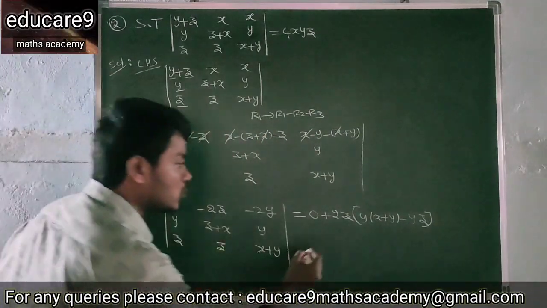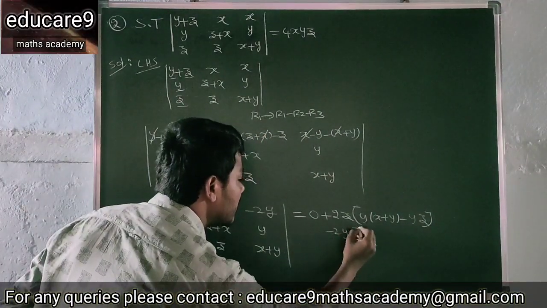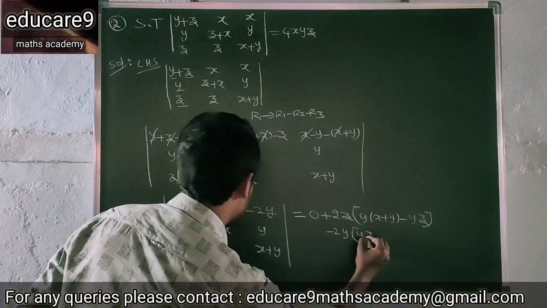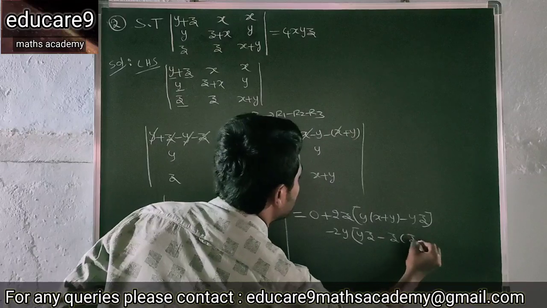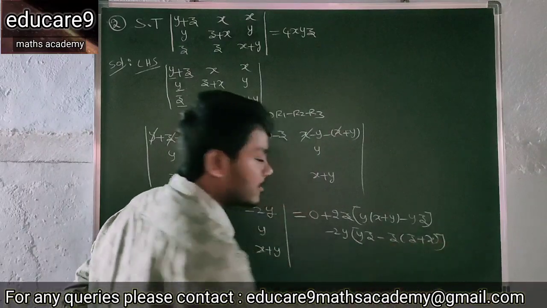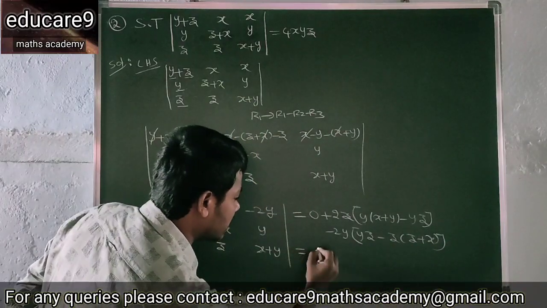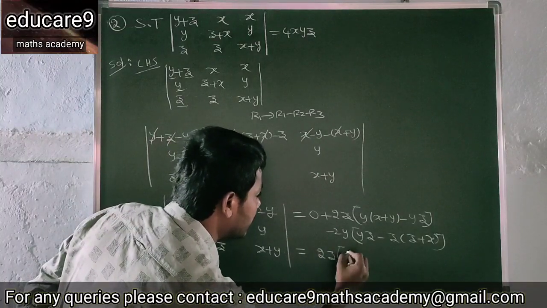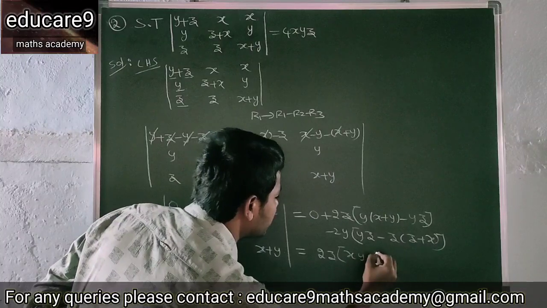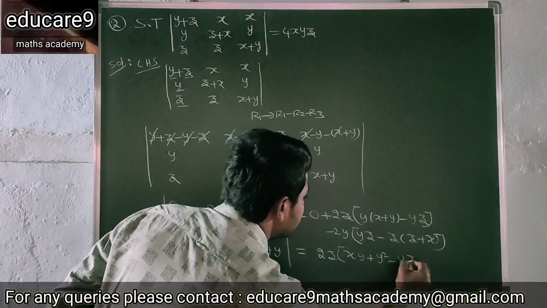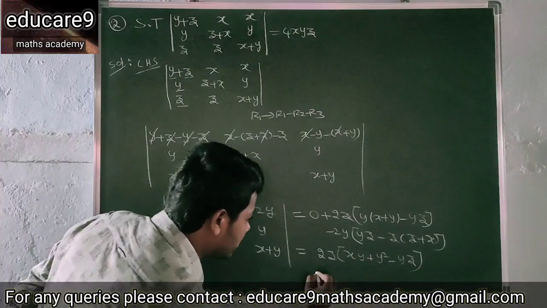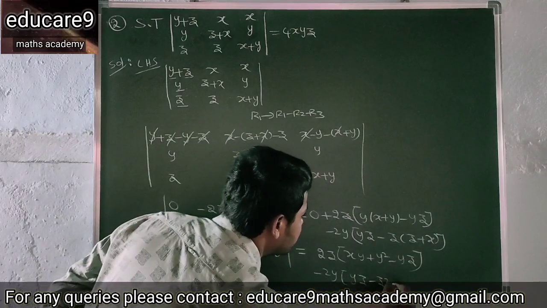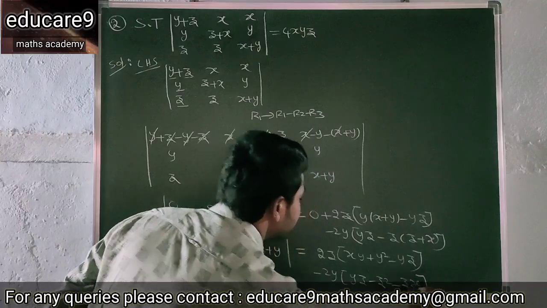Next minus 2y into yz minus z into z plus x. So this is 2z into xy plus y square minus yz. Next one, minus 2y into yz minus z square minus zx.